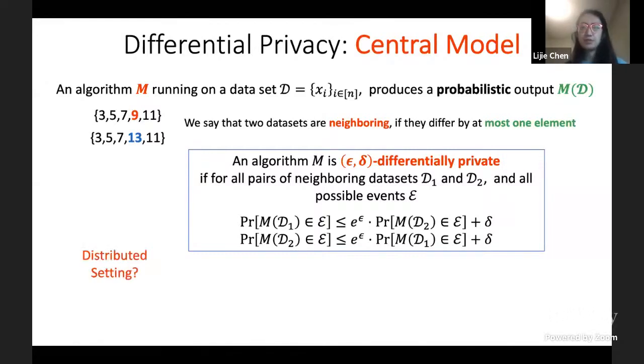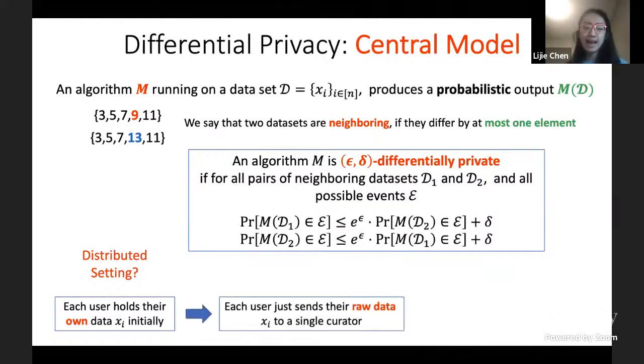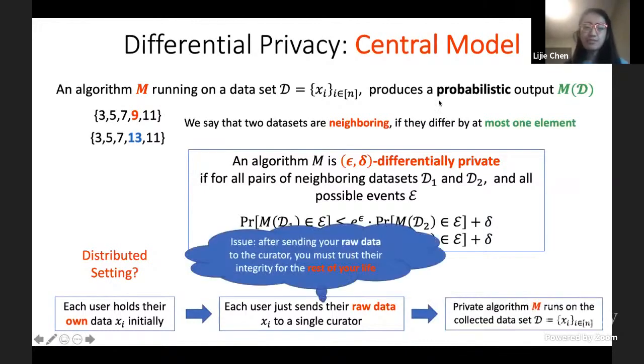This definition is beautiful, but it does not entirely address the concern of privacy in the distributed setting. In such a setting, each user holds their own data xi initially. To naively implement the above algorithm M, they have to send their raw data xi to a single curator, and then the curator runs the private algorithm M on the collected dataset D. The important issue here is that after sending your raw data to the curator, you have to trust their integrity for the rest of your life.